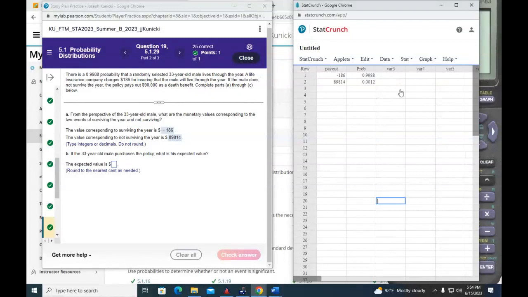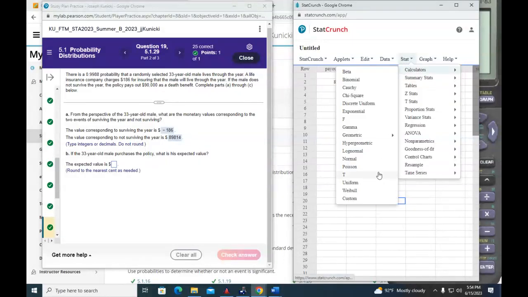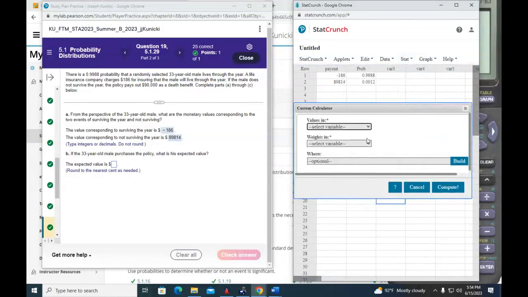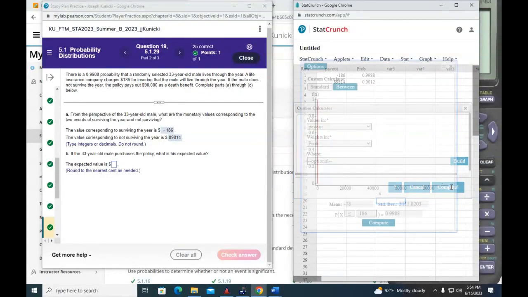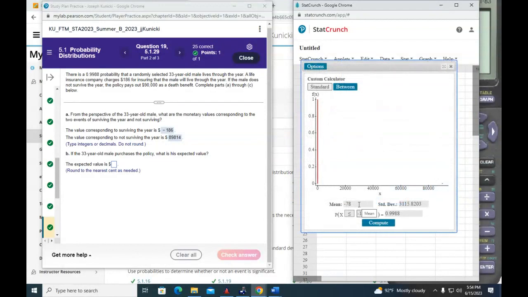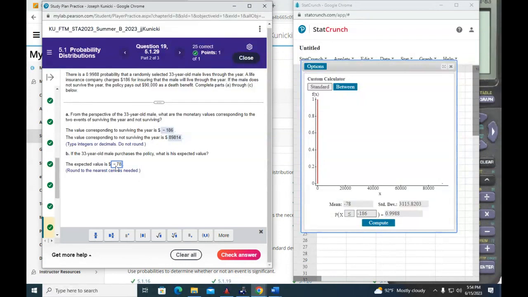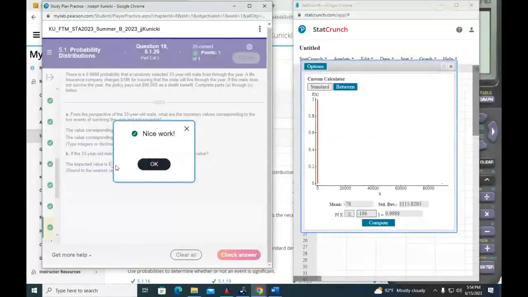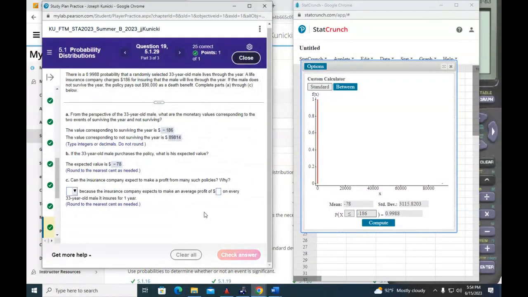Okay, so now watch. I go to Stat Calculator Custom, and I tell it the values are in the payout and the weights are in the probability, and I compute, and there's my mean, minus 78. So that's my answer, minus 78. What this means is that the company's going to keep a profit of $78 from each policy.